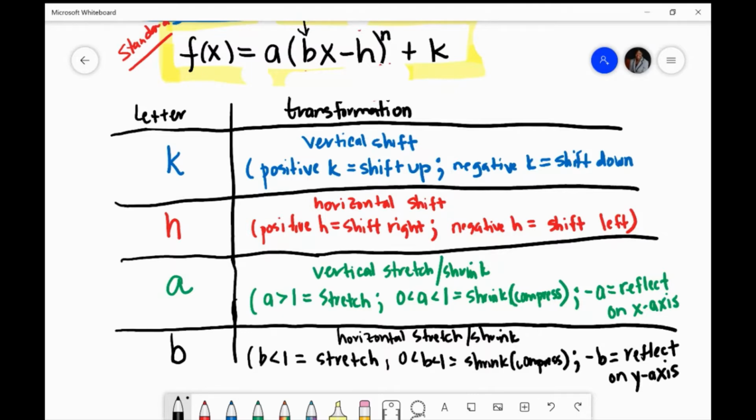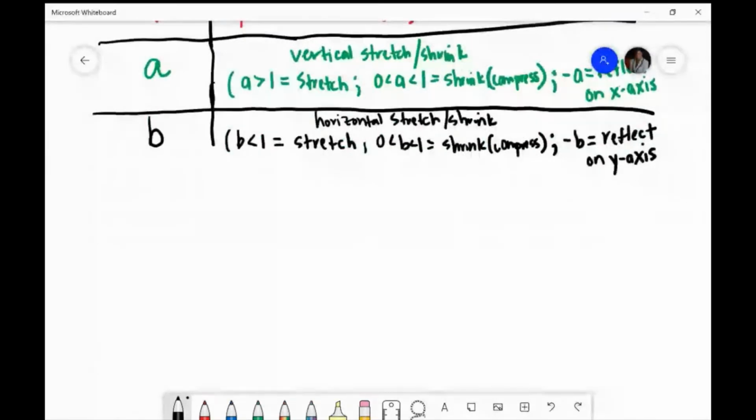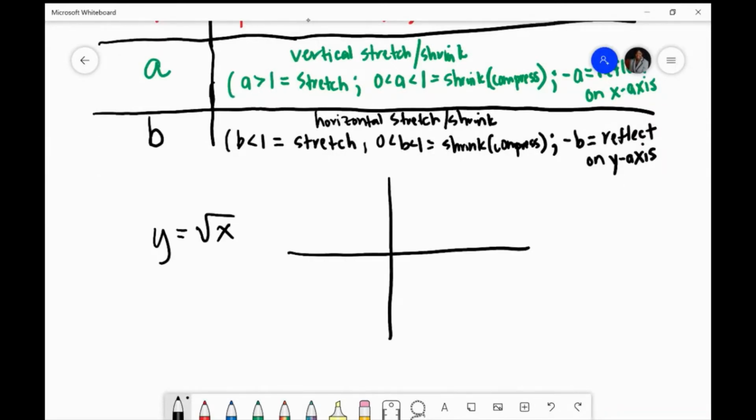We talked about it at the very end of class, so you may have forgotten. We had an example like this, where we looked at y equals the square root of x, which looks like that, and then y equals negative square root of x, that would reflect where?